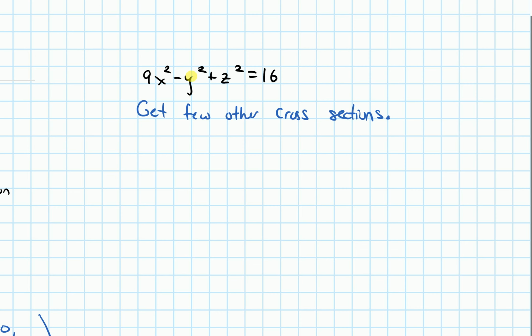So how do we choose which of those variables, either the x or the y or the z, that we should do that with? It's best to choose a variable with simple cross sections.